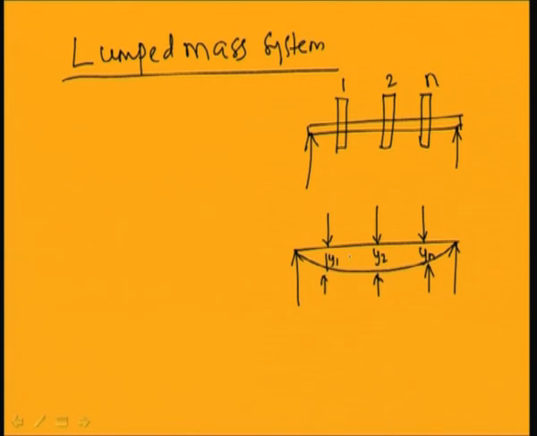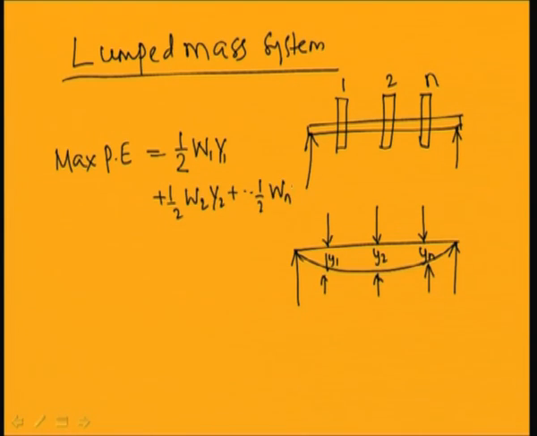So, we can find the maximum potential energy of the system, which is equal to mgh. As the displacement takes place gradually from 0 to this value, I can take it equal to half. So, the maximum potential energy equals half w1 y1 plus half w2 y2 and similarly half wn yn, where w equals mass into gravity.